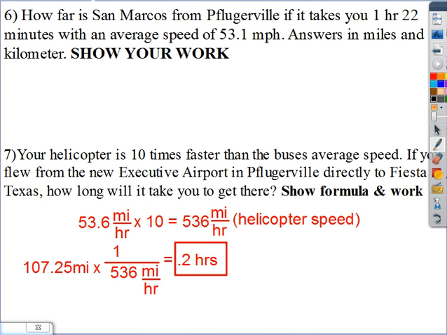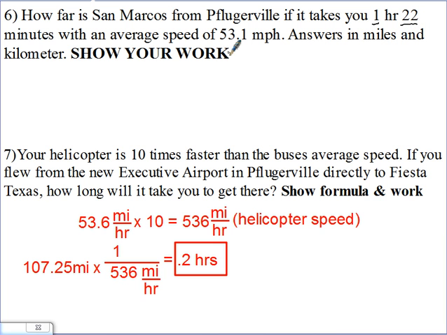Alright, how far is San Marcos from Pflugerville? If it takes you 1 hour and 22 minutes and you go at 53 miles an hour. The distance formula is going to be velocity times time. It's how fast are you moving and how long do you move at that speed. So first thing you've got to make sure is this is 22 minutes, so that's going to be 22 divided by 60 to give you the amount of time.